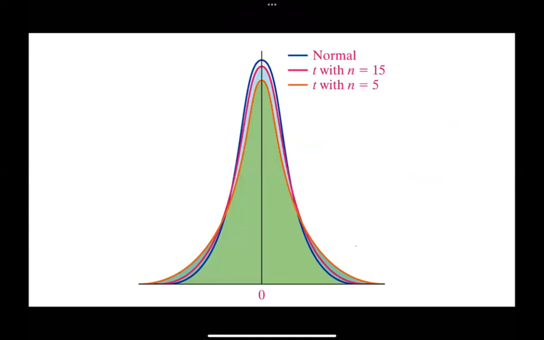So take a look. The normal curve is the blue. Our smaller sample size is this orange one right here, and it's more spread out and it takes longer for it to get close to 0. The red one has a 15 sample size and look how it gets closer to the normal. So we get about normal at about 30. 30 is where we hit about normal.